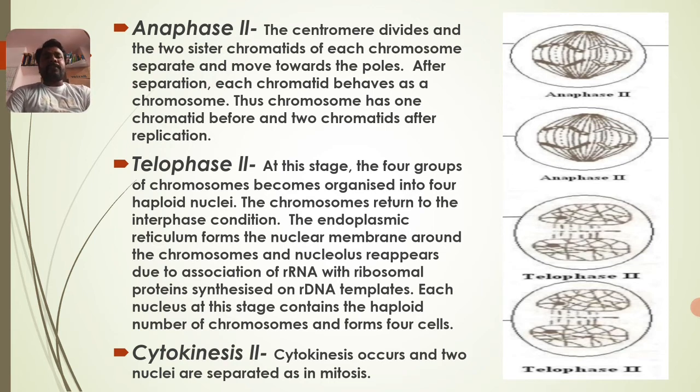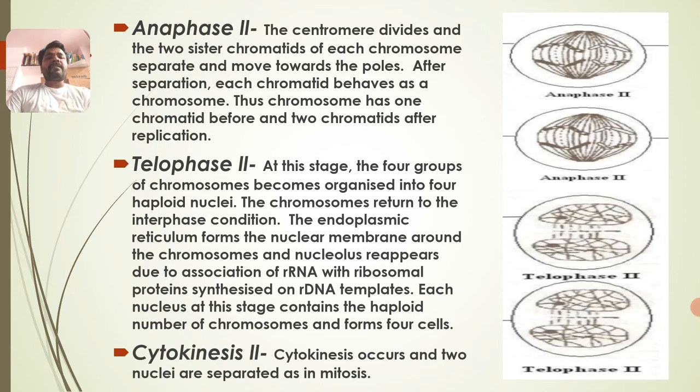Coming to the next one, telophase 2. At this stage the four groups of chromosomes become organized, because in each cell of anaphase 2 the chromosomes move towards opposite poles. Two nuclei form from each nucleus, so four nuclei are formed, as four groups of chromosomes, organized into four haploid nuclei.